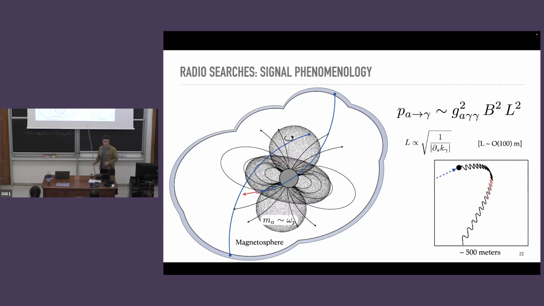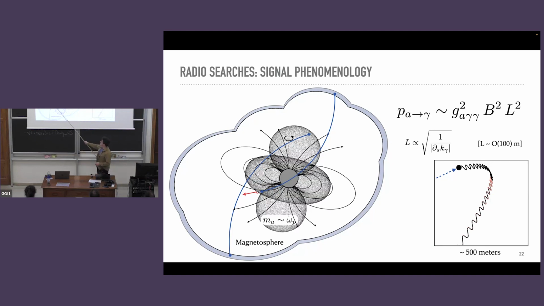One thing that's interesting, I think, is that there are two hard parts of this calculation. One is what the conversion probability actually looks like. Although this has been studied in one dimension, basically assuming the axion has a radial trajectory, it has not been particularly well studied in a full three-dimensional system like this rotating neutron star.